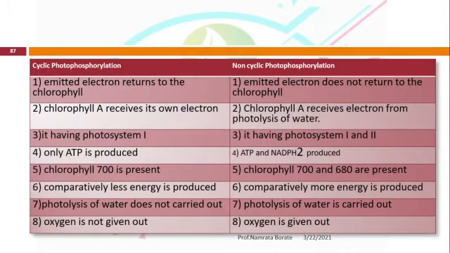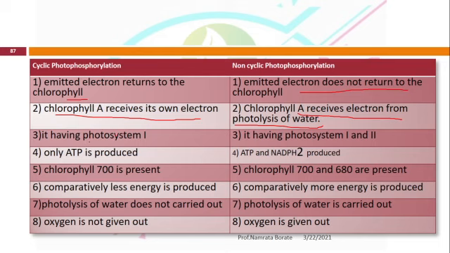So what's the difference we see? In the first one, the emitted electron returns to chlorophyll A. But in non-cyclic, the emitted electron does not return to the chlorophyll molecule. The chlorophyll A receives its own electron, but here chlorophyll A receives the electron which comes from the photolysis of water after the breaking of the water molecule.